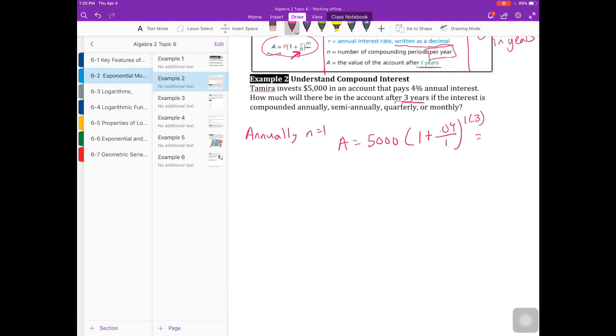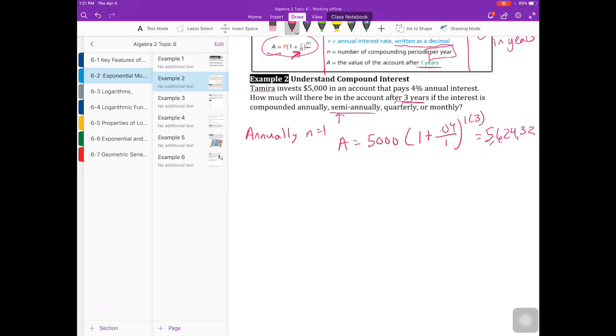Again, you put that in your calculator and you get $5,624.32. If we do it semi-annually, semi means twice, so half every half year. Like a semicircle is half a circle, semi-annually is half of a year.